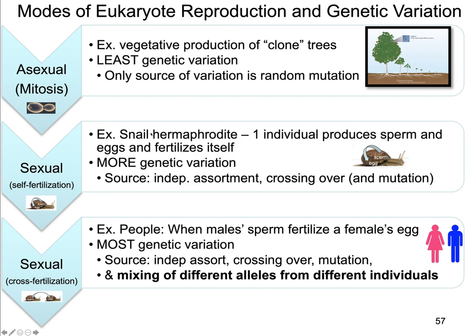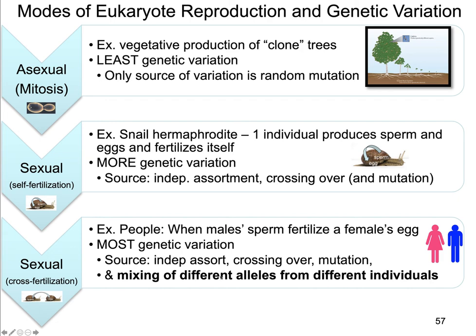And that's because you have all of these sources of genetic variation. In this case, you've got males producing sperm and females producing egg. When those gametes are produced, there's going to be independent assortment, crossing over, and potentially mutation being introduced during meiosis. And on top of that, because you have separate individuals, these individuals potentially have very different pools of alleles in the first place.